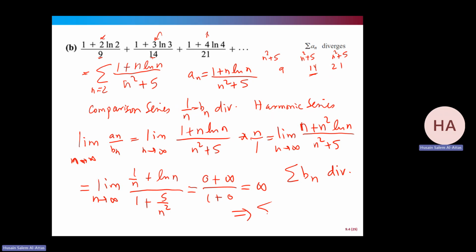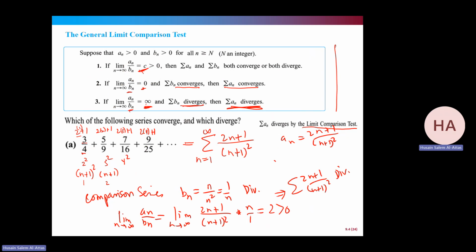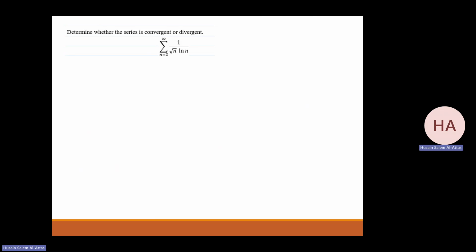That implies the series 1 plus n ln n over n squared plus 5 diverges. So I use case number 3. If I get 0 or infinity, there is a possibility I will get a conclusion. If it is 0, I need the series in the denominator to converge. If it is infinity, I need the series in the denominator to diverge, and this is what happened in this case.